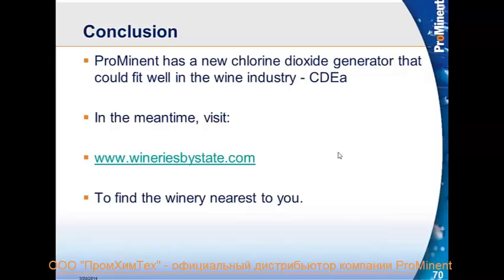In our generator, the chlorine dioxide gas is mixed with water to form an aqueous solution, a 2% solution in the reactor, and then that is diluted further to different concentrations depending on your process. It could be 200 ppm, and then you can dilute that down further to, say, half a ppm or whatever. But chlorine dioxide as a molecule is a gas, but it is never used in that state. It is used as a solution.